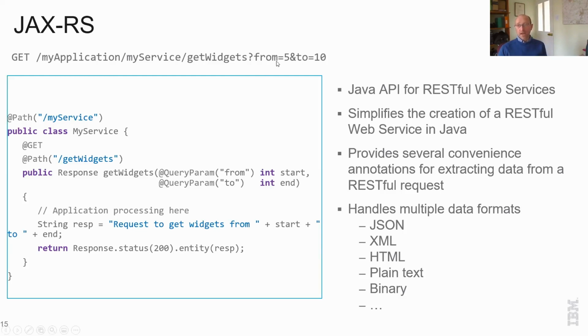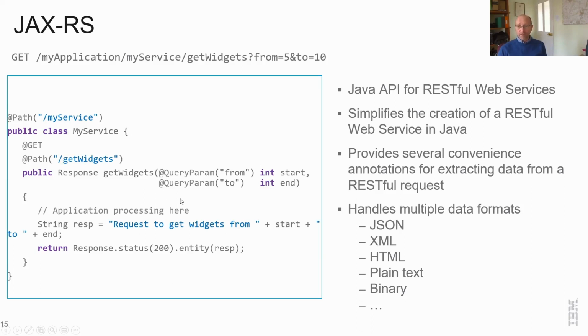And that's going to allow us to specify some inputs such as from equals 5, to equals 10. We've got some query parameters here to look for some inputs on this getWidgets. And then we can process our getWidgets application, build some response and send it back. And that's a very, very simple JAX-RS RESTful based application.